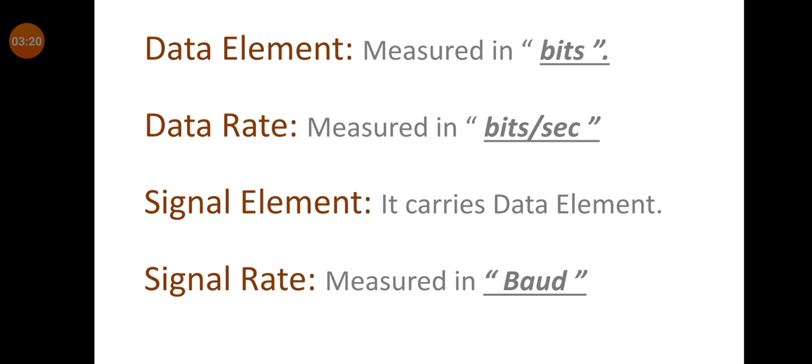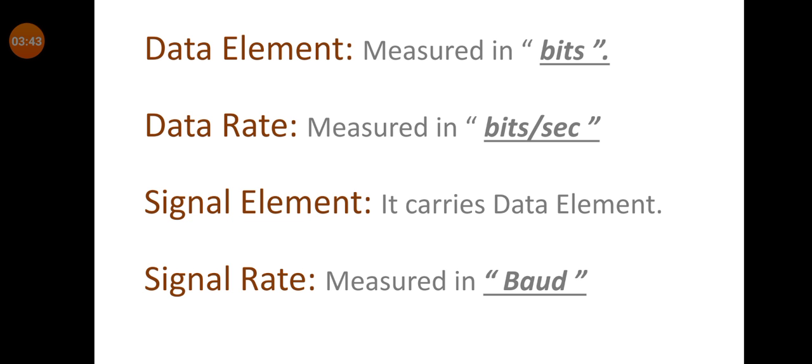That is why sometimes the signal rate is also called baud rate. Signal rate is also called pulse rate or modulation rate.